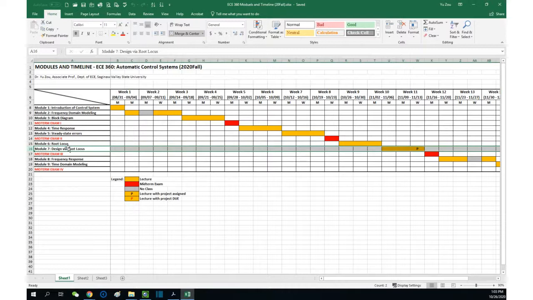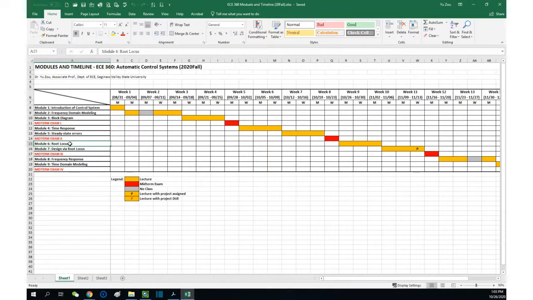So this module 6 is more of conceptual problems. You want to learn what is going on and why it is so, and the bottom line is, what is it? What is it for? Because during the past years, I found this is a very hard concept to understand. You want to pay enough attention to the concept: what is it, and how do you form a root locus?